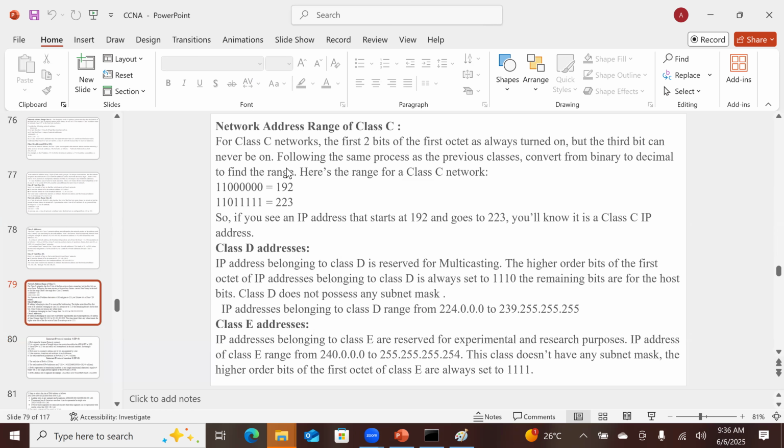Next, now they are talking about the design of this one. What have they done? They just kept the first 3 bits as 110. These are constant, and the remaining are variable. If I make all of them 0, then I'm going to get the first range of class C, that is 192.